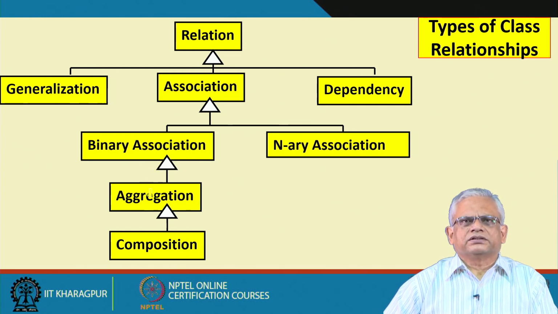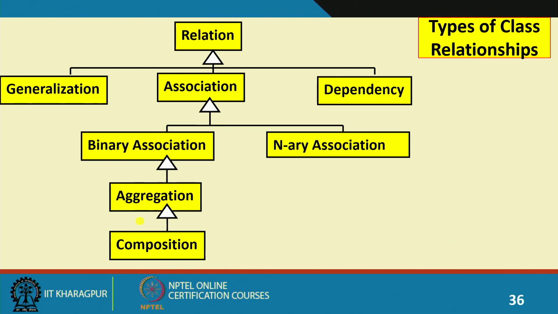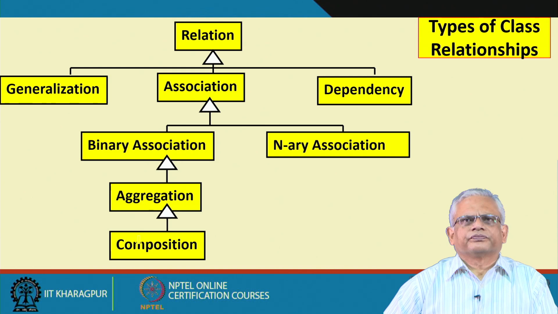Aggregation is a binary association, but then something slightly more than that. We will see what is more. And composition is a special type of aggregation. It is an aggregation, but then slightly more than that. We will see what is different.